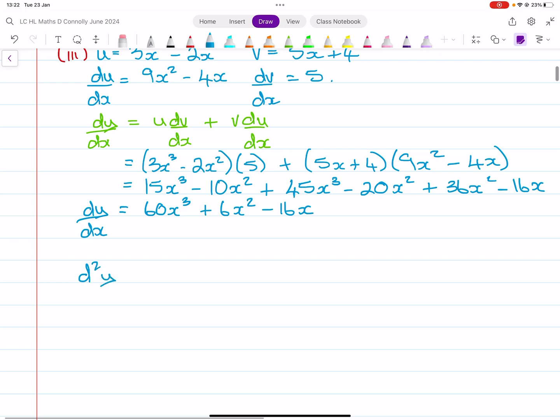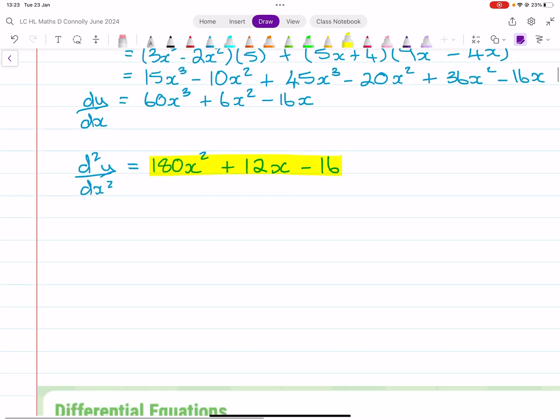So we go d squared y/dx squared, and we just differentiate again. So 60 times 3 is 180x squared. 6x squared, sorry, is 12x. And then minus 16x just goes to minus 16. And that's your second derivative. Okay, so that's what second derivatives are.